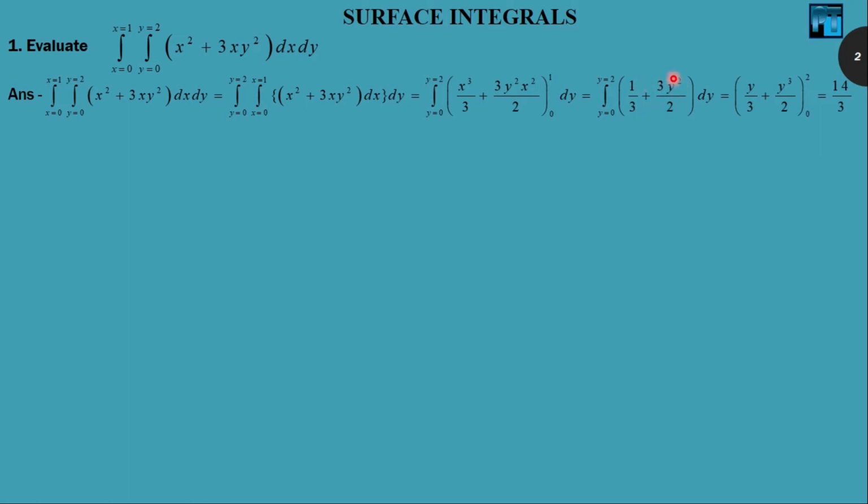Remember one thing, if you make any type of mistake in this type of integral, then the y part will contain an x variable. Suppose you have made a mistake and you are left with x by 3 plus 3y square by 2 dy, then this is wrong.